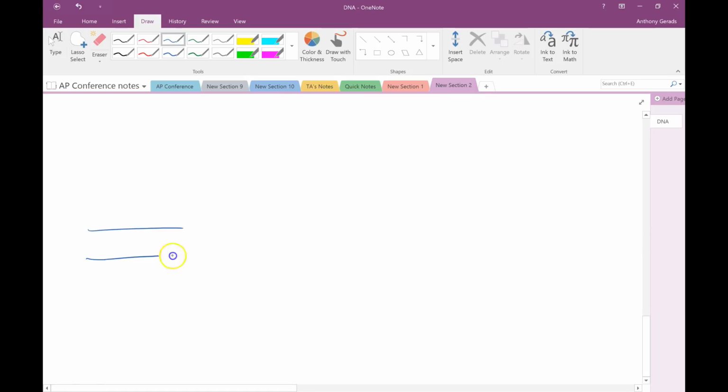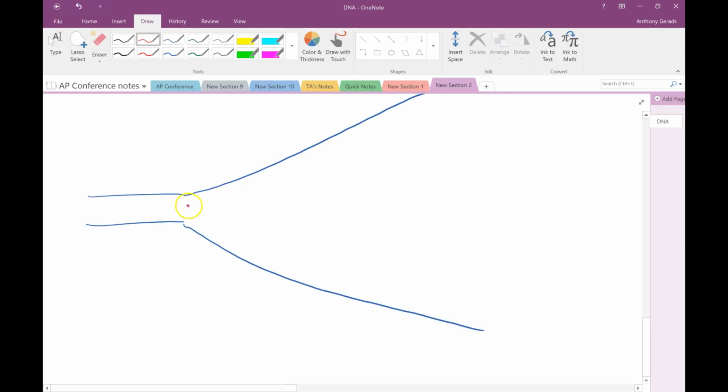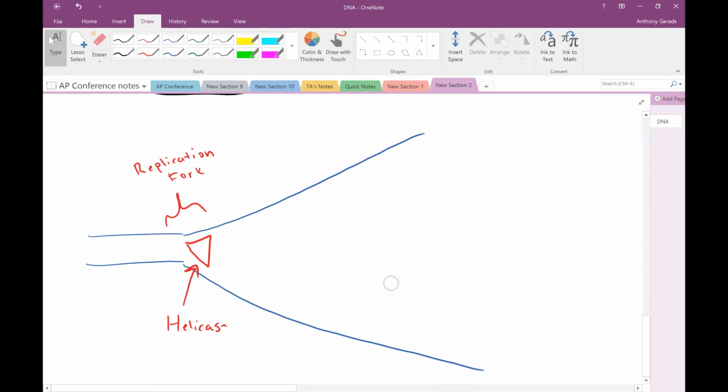Now I'm looking at it. Let's say here's my DNA again. And I'm zoomed in now to that replication fork. So remember, I had that enzyme helicase. I've got this area right here called a replication fork. If I'm looking on these strands, on this strand right here, it's going to be 5 prime.